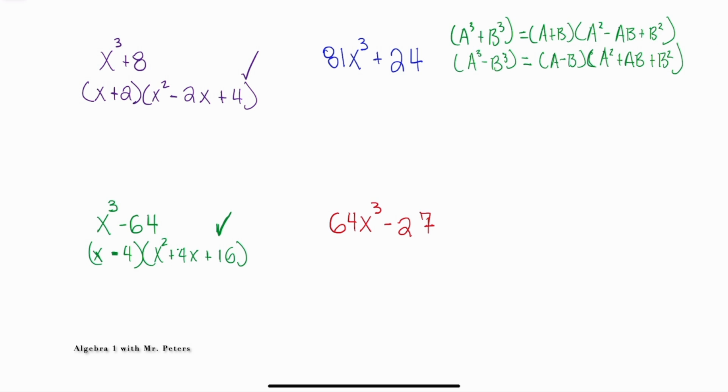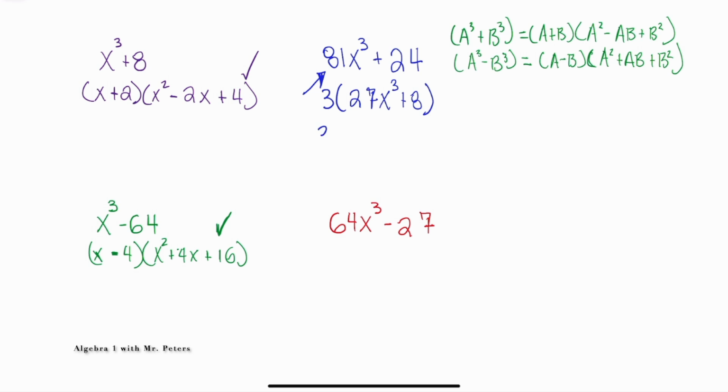However, what they'll sometimes do is give you a lead coefficient, like in our third example in blue. And with this one, we notice that we don't have any cube roots. So we may have to do something different, which is take out a GCF of 3. When we pull 3 out, our expression turns into 27x to the third plus 8. Now 27x to the third and 8, those are both cubes, so we can break this down.